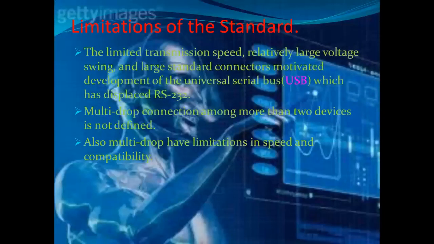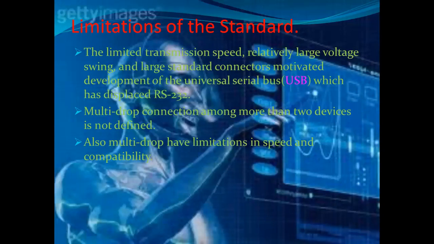Limitations of the standard. The limited transmission speed, relatively large voltage swing, and the large standard connectors motivated the development of the Universal Serial Bus, which replaces RS-232. The multi-drop connection among more than two devices is not defined.